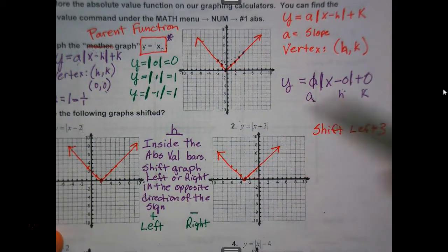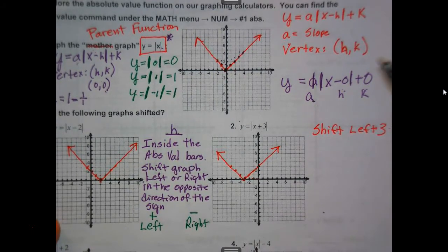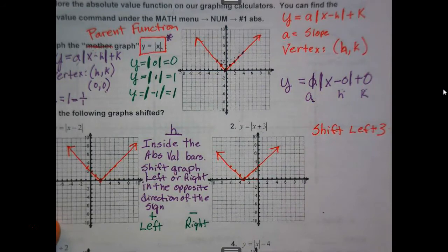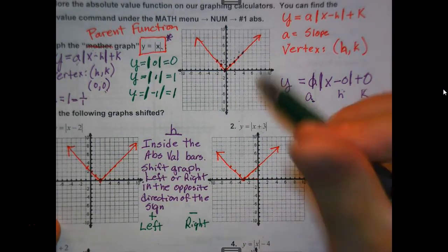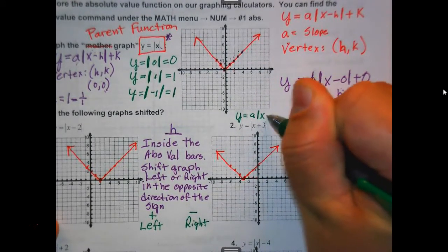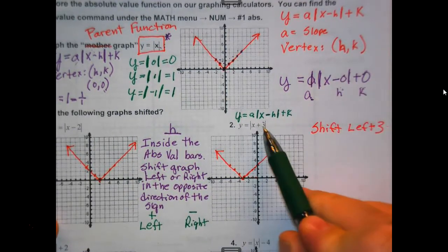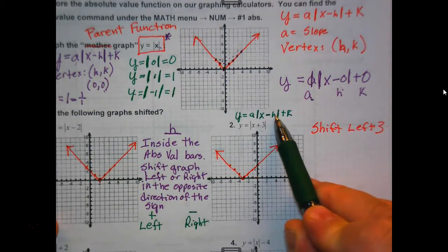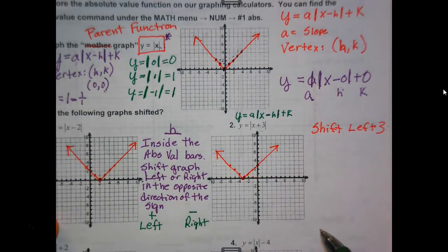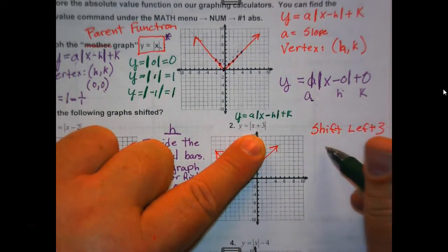Here I have a plus 3. How do I make that plus a minus? My formula says my h has to be a minus sign in there. How do I make this plus 3 into a minus 3? It has to be a negative 3, right? That's the only way I can get a plus 3. It has to be a negative 3.